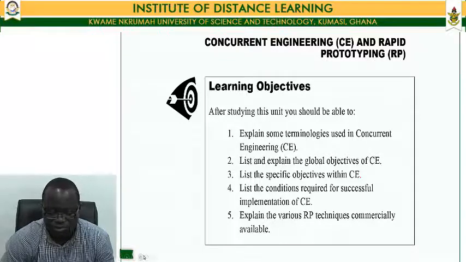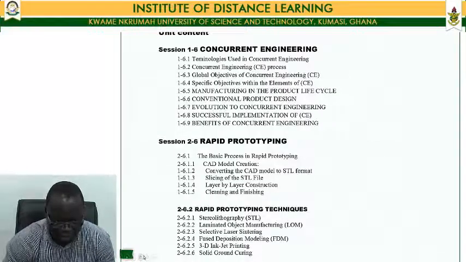We should also be able to explain the various rapid prototyping techniques commercially available. The unit is structured this way. The first section talks about concurrent engineering.